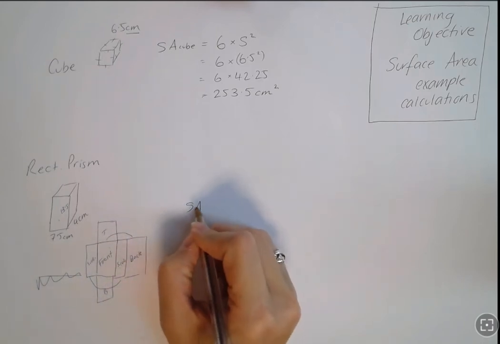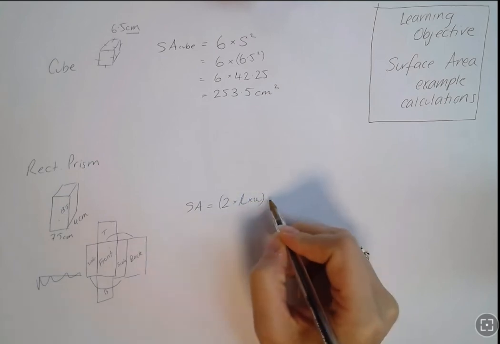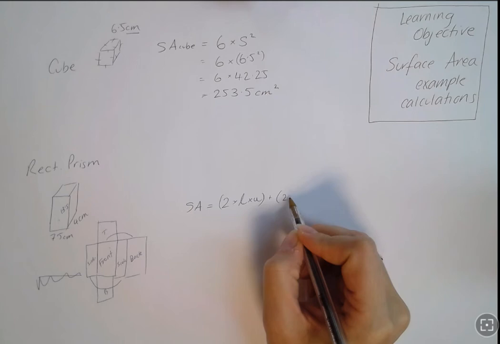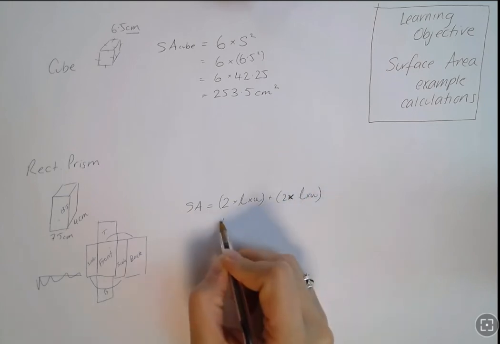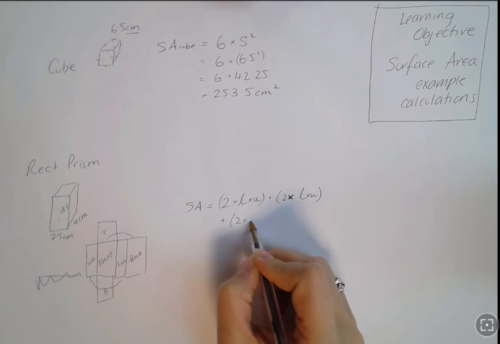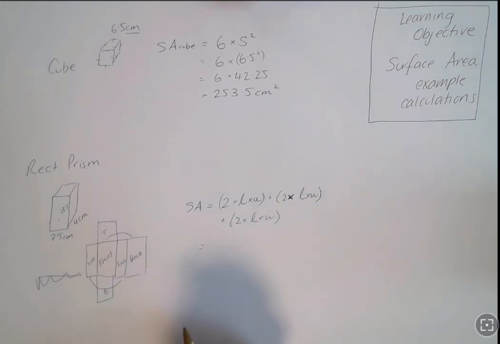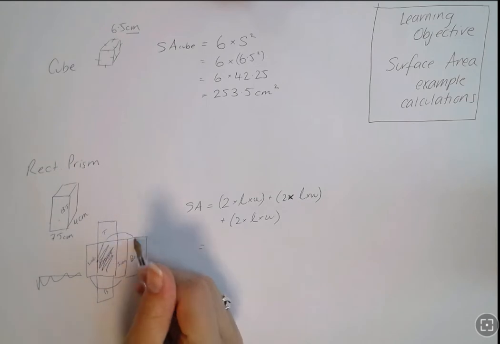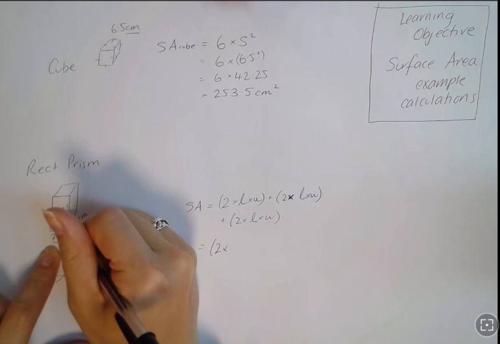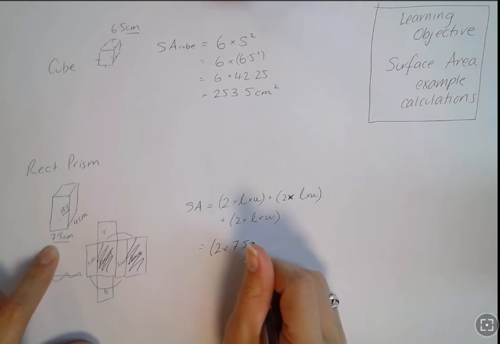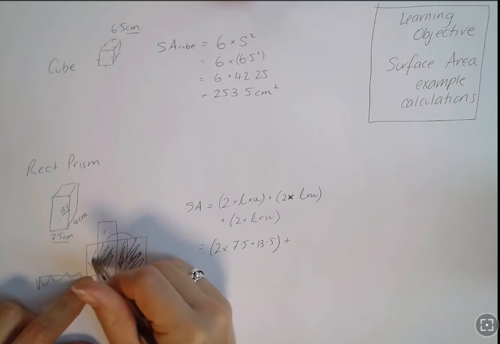So our surface area is going to equal 2 times the front, plus 2 times the sides, plus 2 times the top and bottom. So let's have a look at our front and back to start with. We will have 2 times 7.5 by 13.5, and then we will go with the sides.